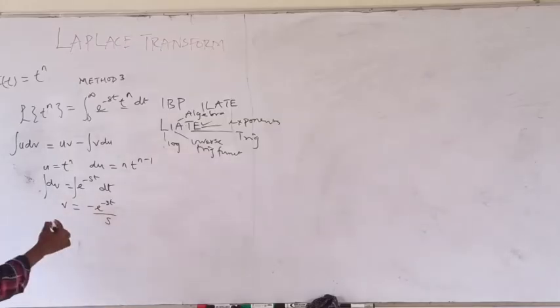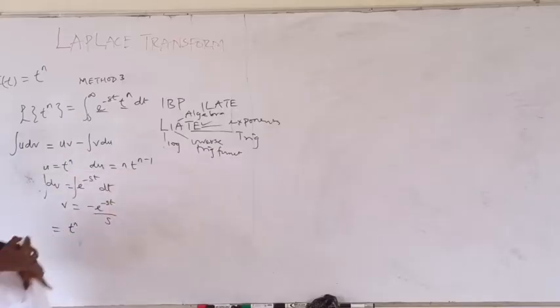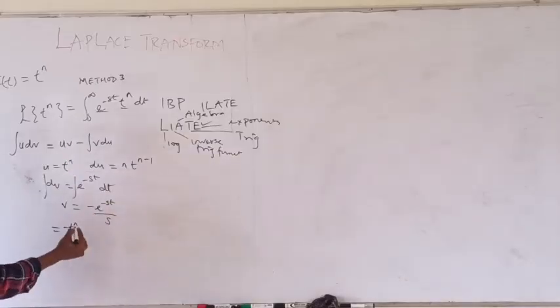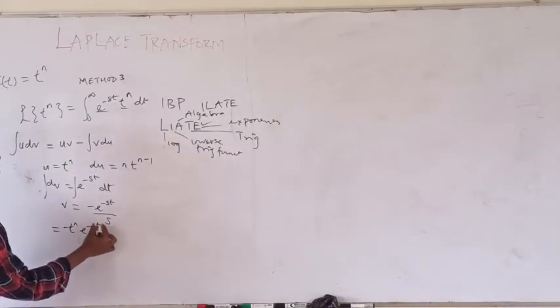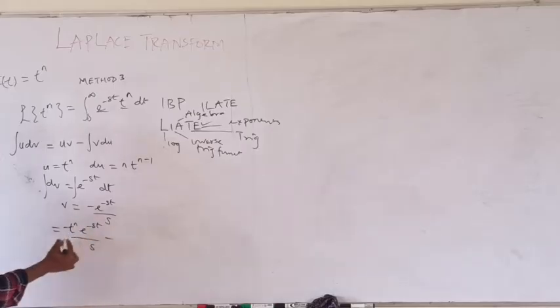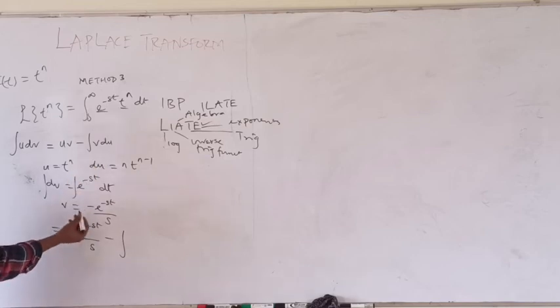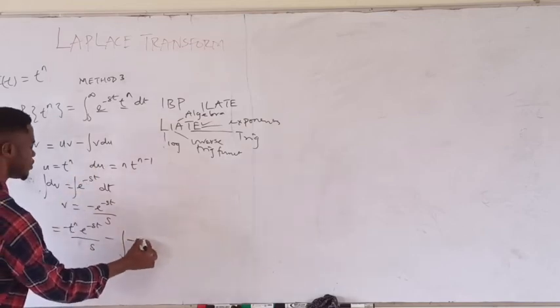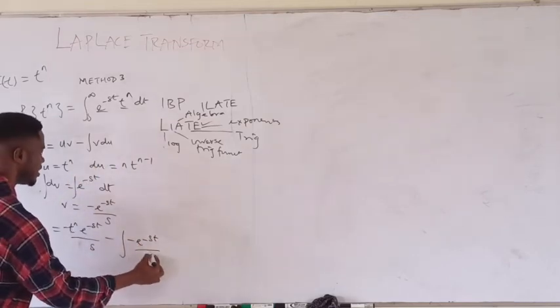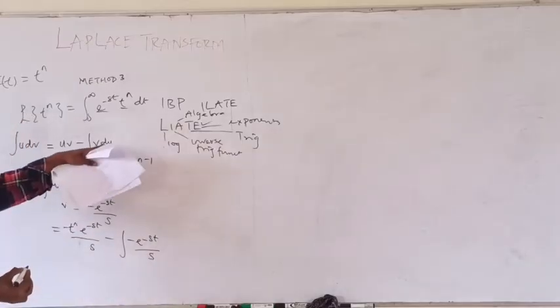So u, which is t raised to the power of n, multiplied by v, which is minus exponential of minus st divided by s, minus the integral of v. What is the value of our v? Minus exponential of minus st divided by s, multiplied by our du.